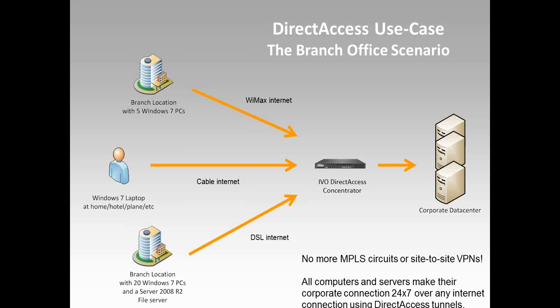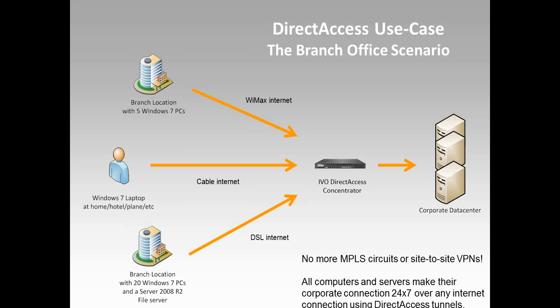And most of the time today, those branch offices all connect back to a main data center, a main headquarters somewhere. And usually that connection back is either some kind of a frame relay circuit, like an MPLS circuit. Anybody that's worked with MPLS lines knows that they are traditionally slow and they cost a lot of money.